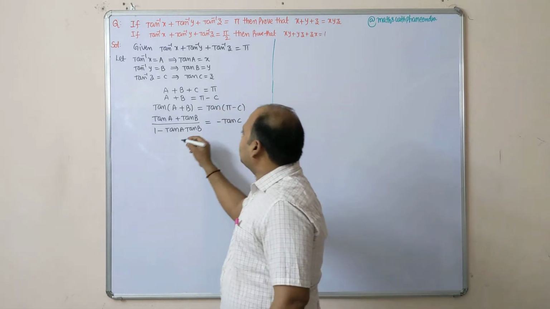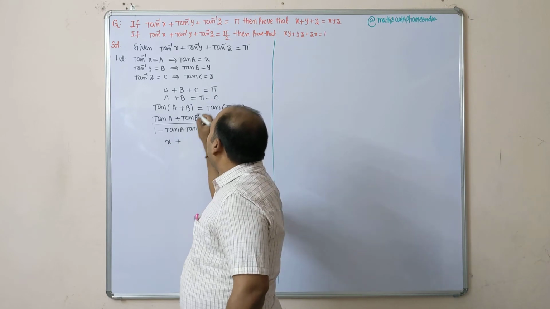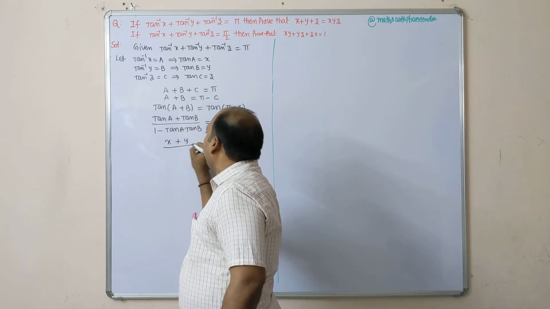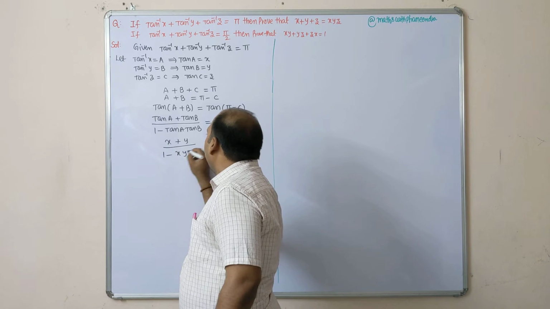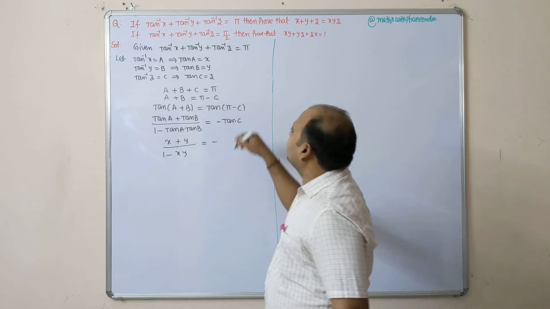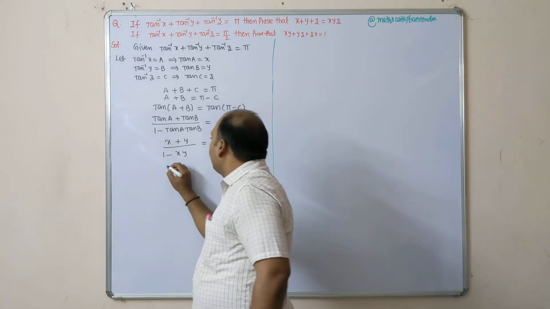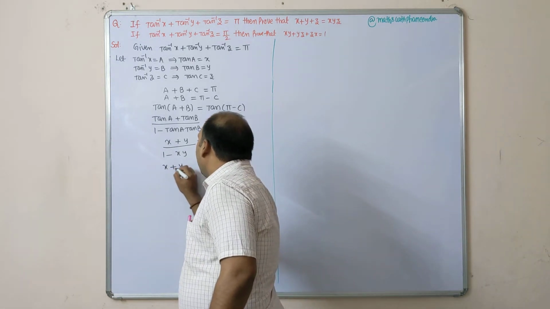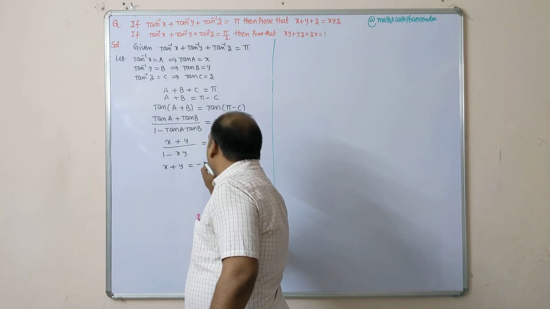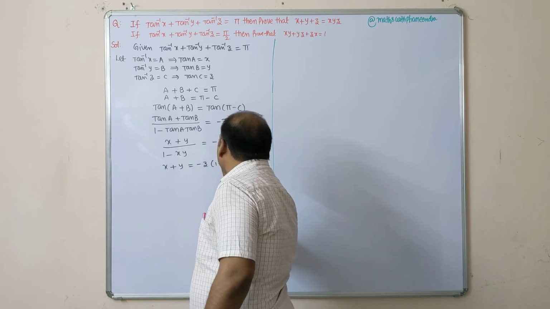Tan a value x, tan b value y: x plus y by 1 minus xy is equal to minus tan c value z. Cross multiply: x plus y equals minus z into 1 minus xy.